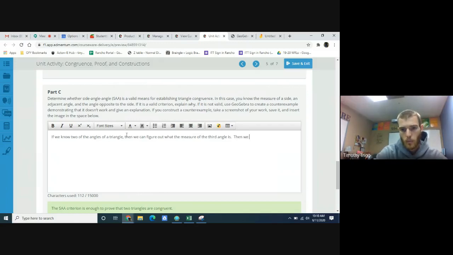Then we can use angle side angle to prove that the two triangles are congruent. So side angle angle is a valid means for establishing triangle congruence.